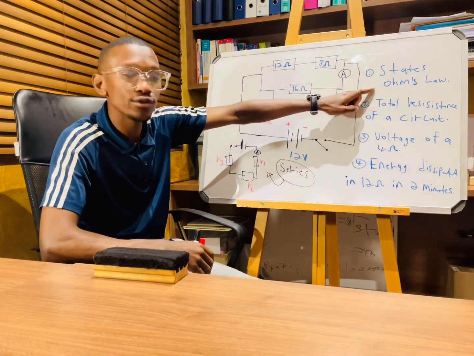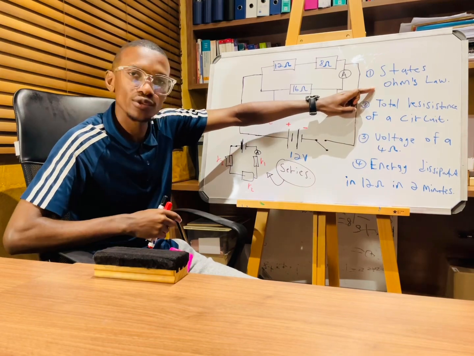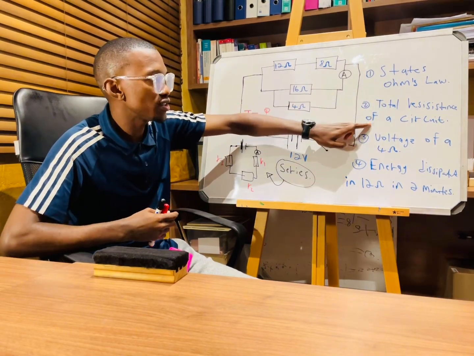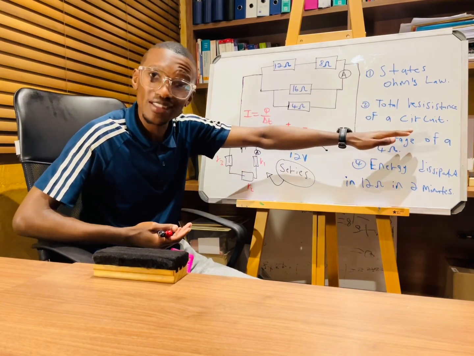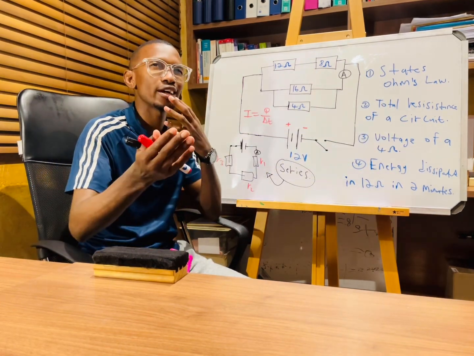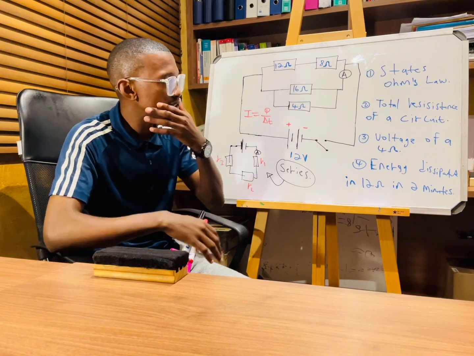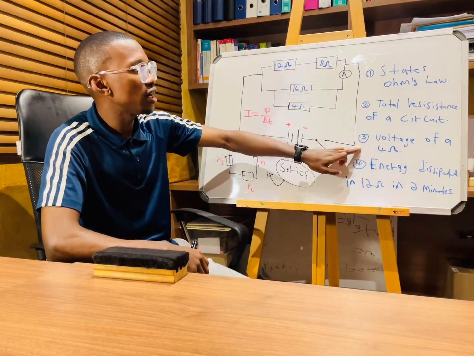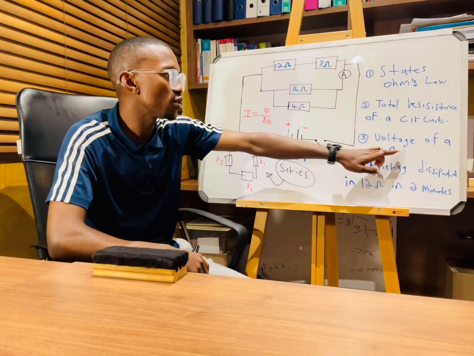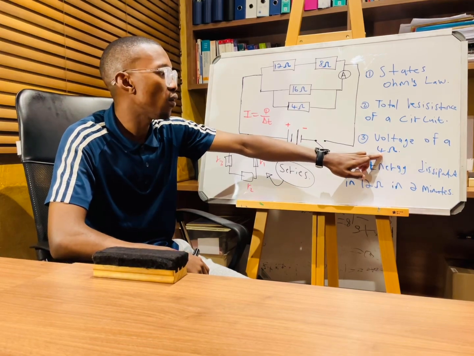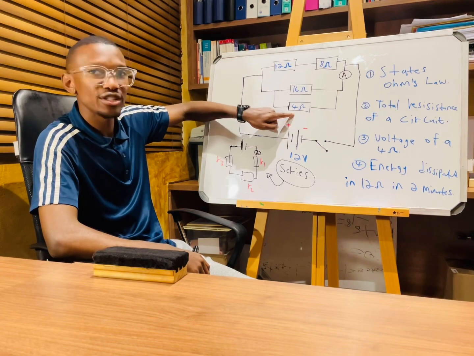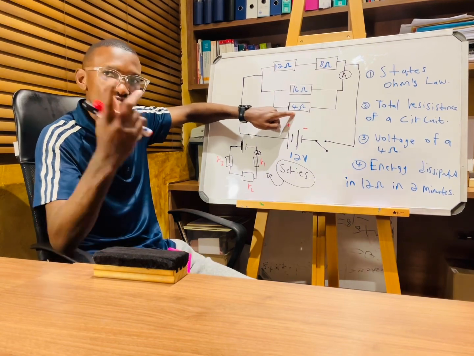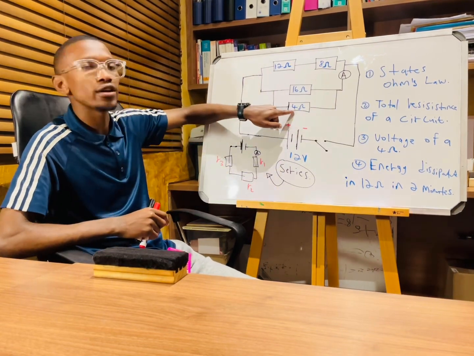They're saying state Ohm's law. That's question number one, which is 2 marks. The second question says calculate the total resistance of the circuit, which is about 5 or 6 marks if I'm not mistaken. Number 3, they're saying determine the voltage of the 4 ohm resistor, so they want you to calculate the potential difference across the 4 ohm resistor.